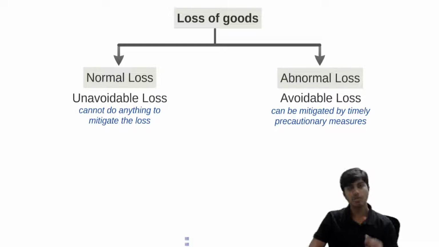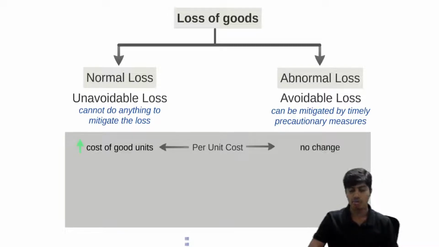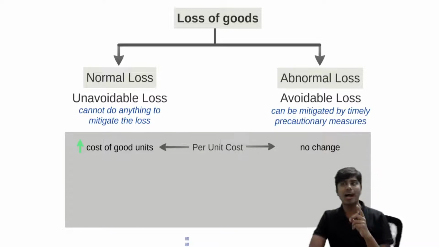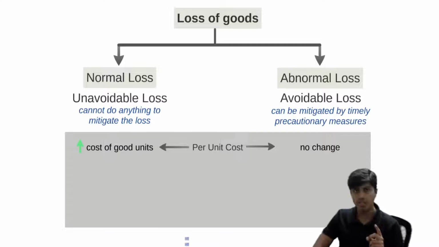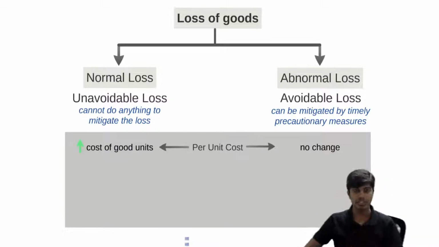Now, for normal loss and abnormal loss, the accounting treatment is different. How do we do it? Let's see. Per unit cost after normal loss will increase, whereas per unit cost after abnormal loss will not increase. You'll be like, how come? I'll show it to you with the example later. Whenever we buy 100 units at rupees 1000 and one unit gets lost or damaged, we have only 99 units left.